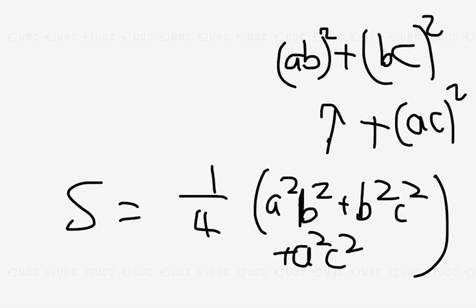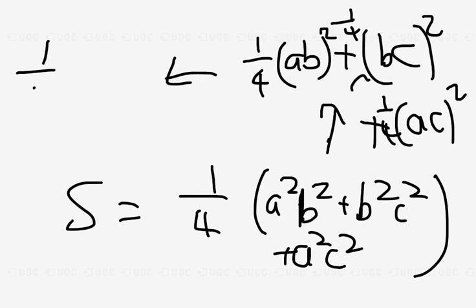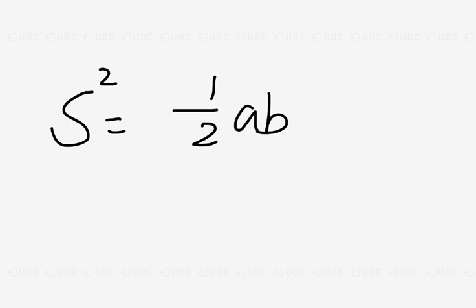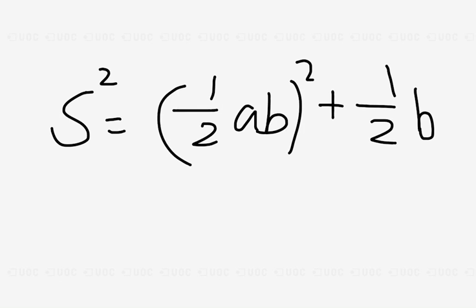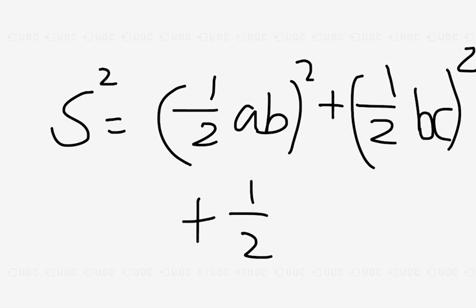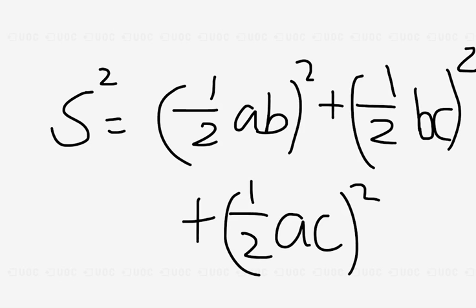We can simplify this to S squared is equal to half AB squared plus half BC squared plus half AC squared.